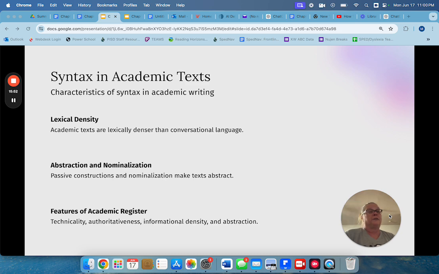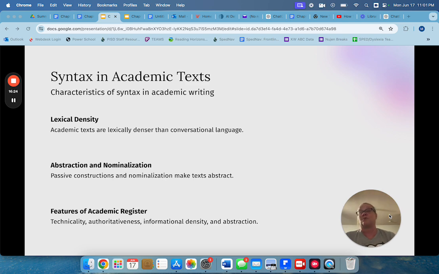When we're looking at abstraction and nominalization, we have the passive constructions and nominalizations that make the text abstract. Now I had to look at this a little bit more, and basically what I came up with is the passive construction and nominalization contribute to making a more formal tone in the writing, which is very typical for academic texts.